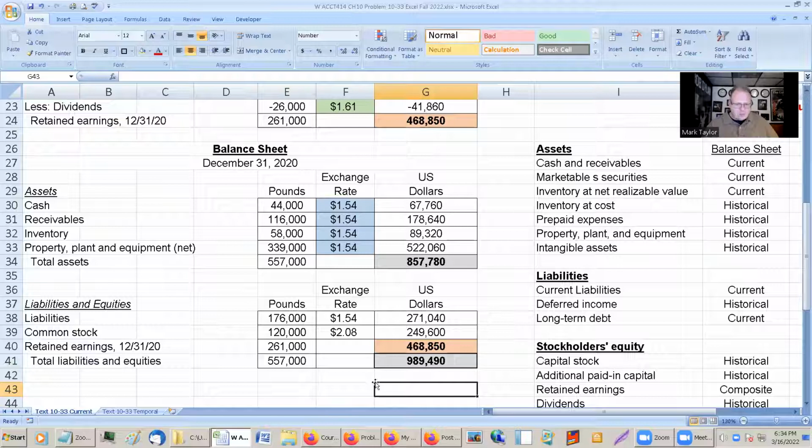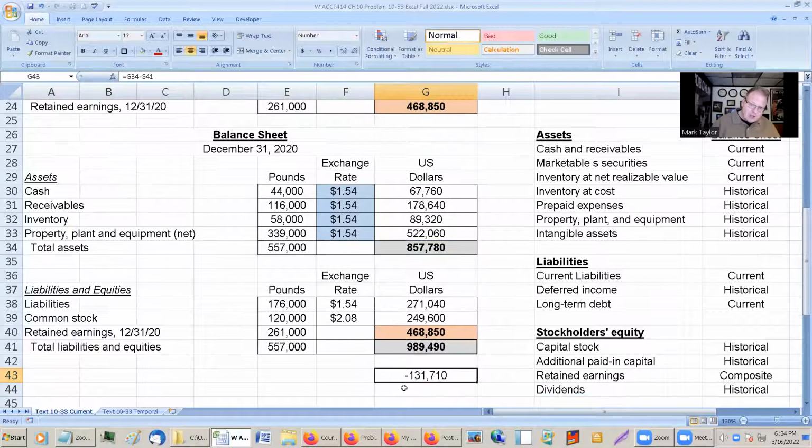Okay, so this is the assets we have. This is what we owe. So the difference is 131,710.